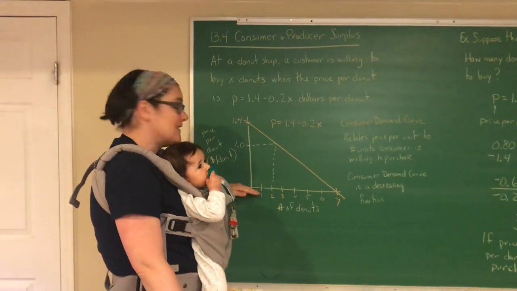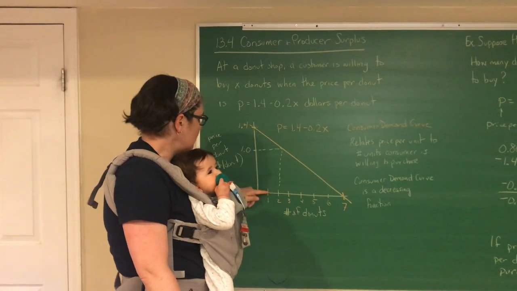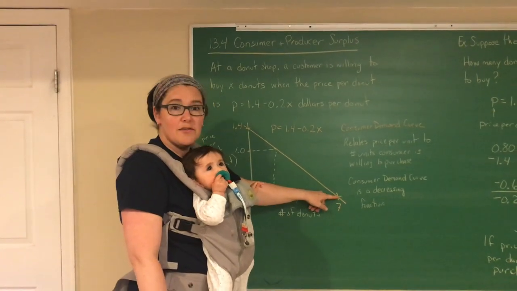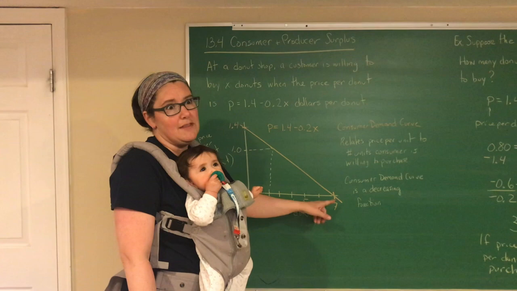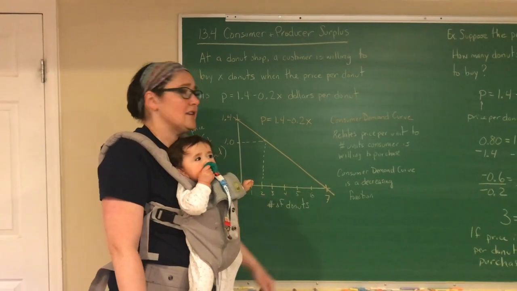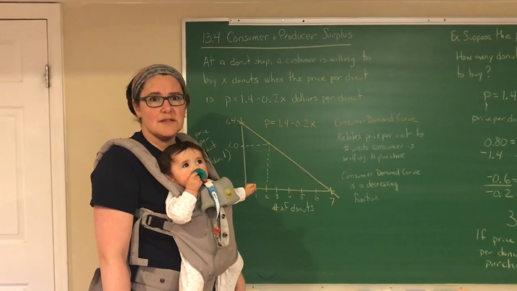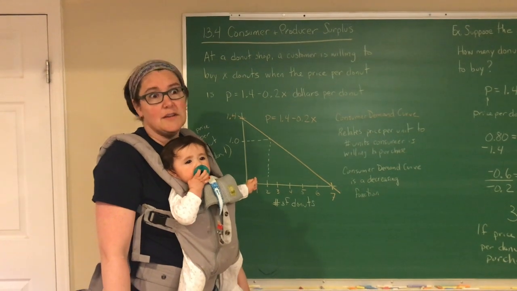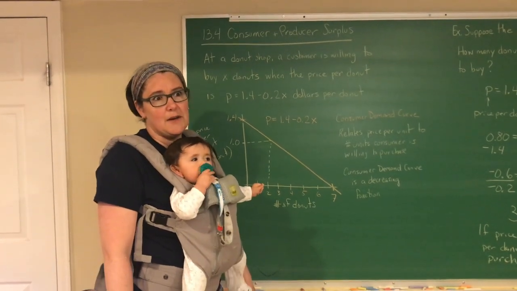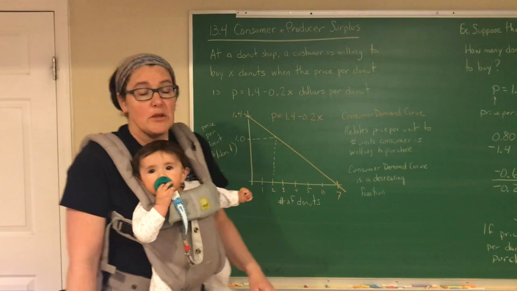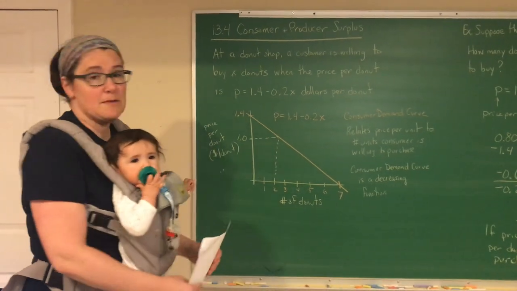When the price is $0 per donut, our graph hits at an x value of 7. That says that the consumer says, even if they're free, I'm not interested in purchasing more than 7 donuts. You know, too much of a good thing is bad for your belly. Okay, so this is the consumer demand curve.